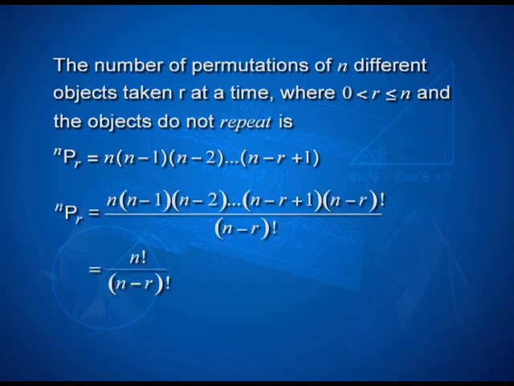Now, if you think about this product, there is a way in which we can make it much more compact, because we have already talked about the notation of factorial in our earlier lesson.